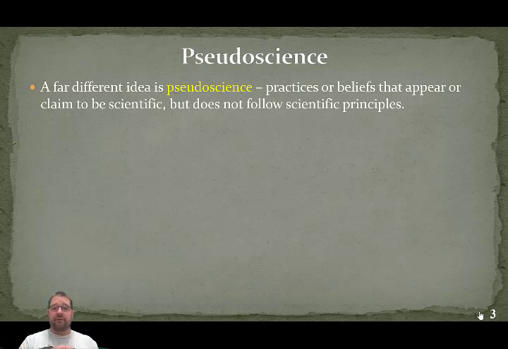However, because it's not reproducible, because you can't devise an experiment and have that experiment work every single time, it violates the scientific principle, therefore it's pseudoscience. Okay? It's not scientific. Okay? That does not mean that it couldn't be real, or it doesn't mean that you couldn't in the future devise something that would make it be scientific.